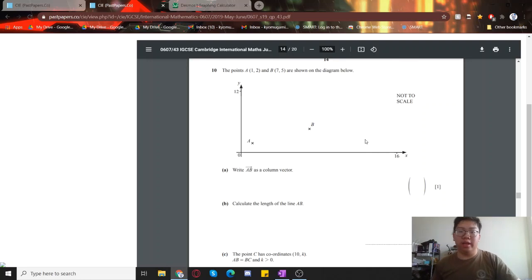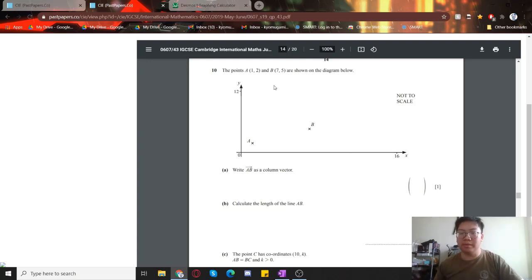Calculate the length of the line AB. What I would advise you to do is 5 minus, actually no, because our vector is worked out from this, therefore we can just use the vector. So what do we say, 6, 3, so 6 squared plus 3 squared.